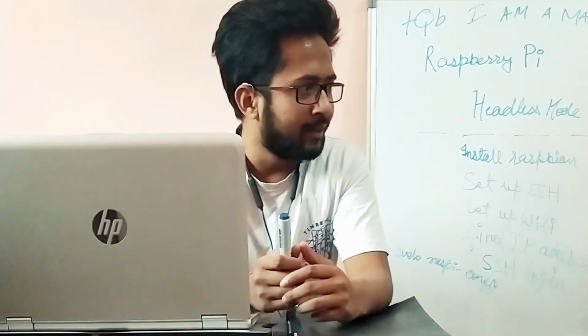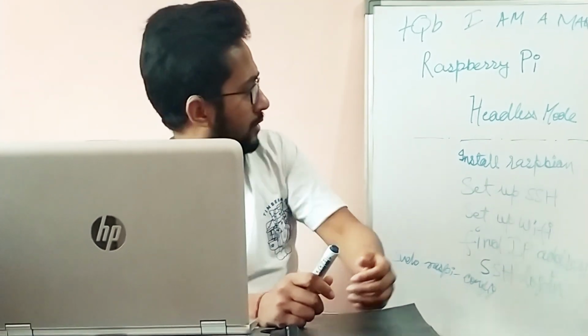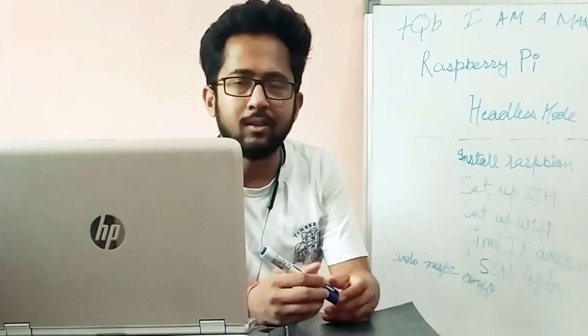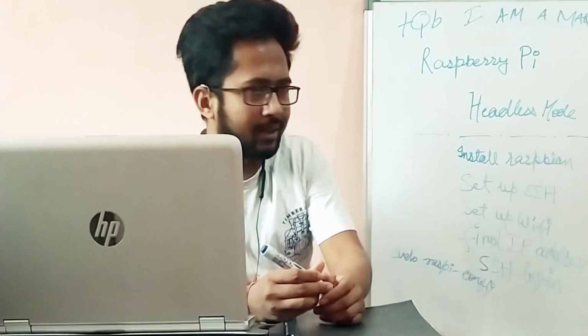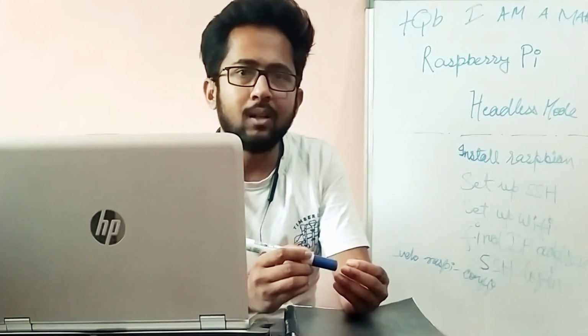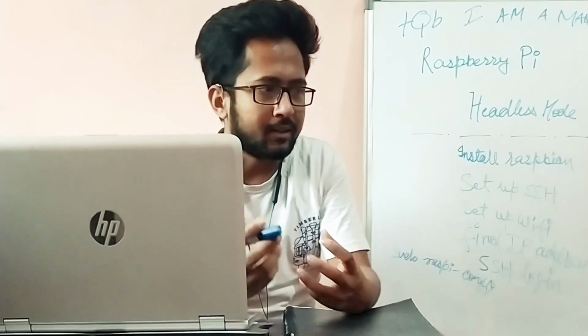Alright. So you install the software and did all the steps which were given in the previous part. What you did exactly was, first of all you installed Raspbian on your SD card. After that you created a simple SSH file to start SSH.